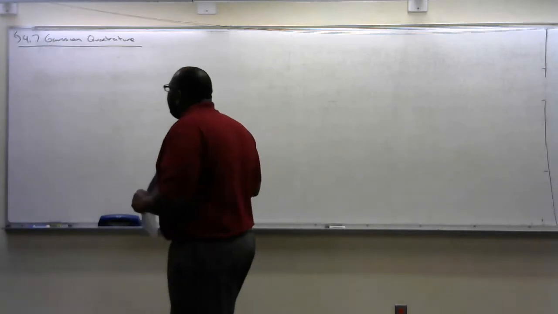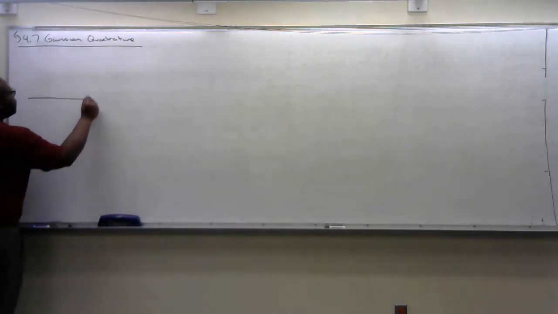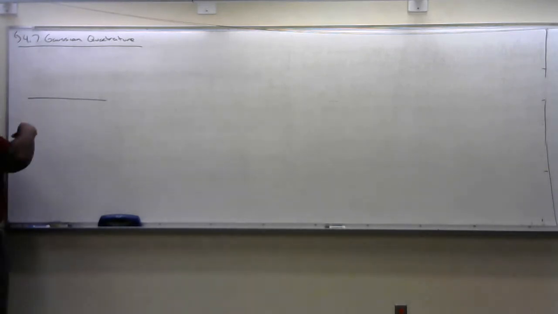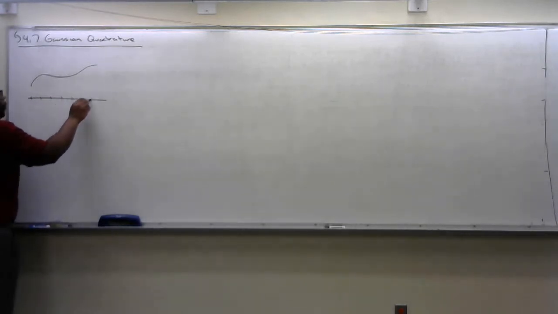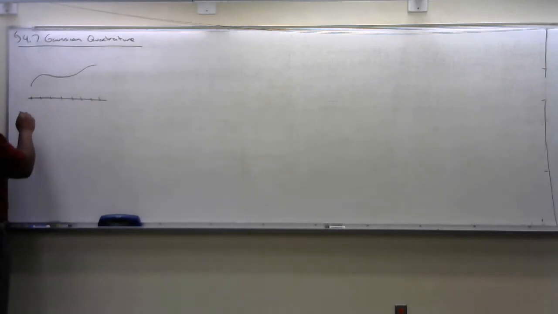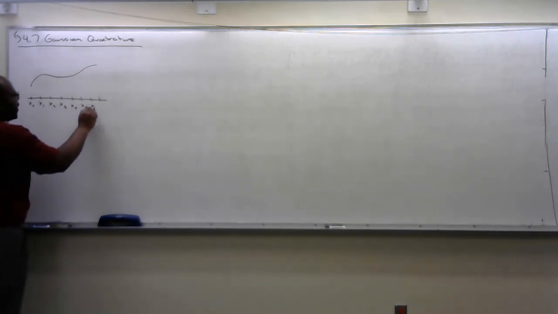So if you guys remember from before, what we did when we were dealing with the left endpoint method, trapezoid, and Simpson's method, is that I had a function and I decided where I was going to place my nodes. So they were usually equally spaced. So I have x0, x1, x2, x3, x4, x5, x6, x7.